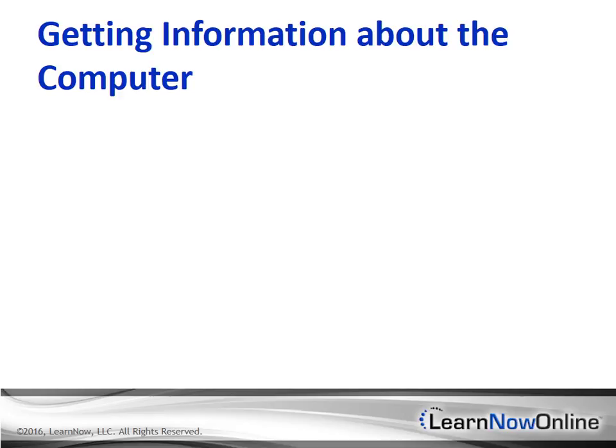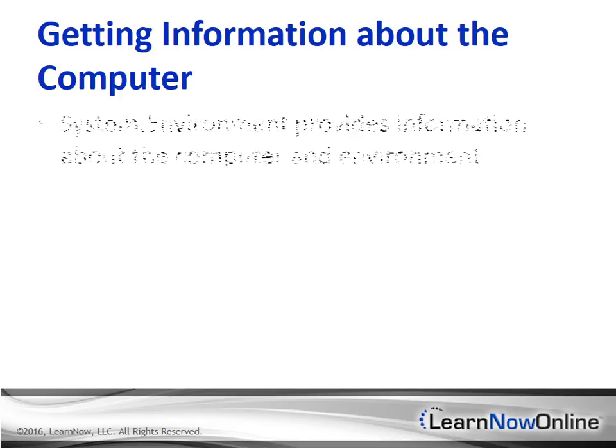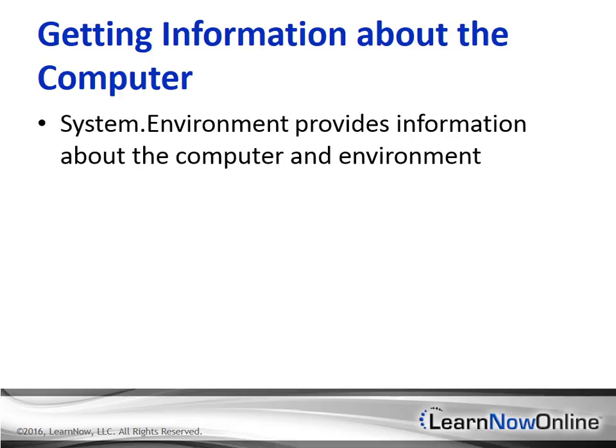Another handy class in the .NET framework is the System.Environment class. This provides a bunch of properties to view information about the computer and the environment in which it's running. And it includes things like MachineName, which returns the name of the computer. UserName returns the name of the user. Now, this does depend a little bit on how the user is authenticated against Windows.